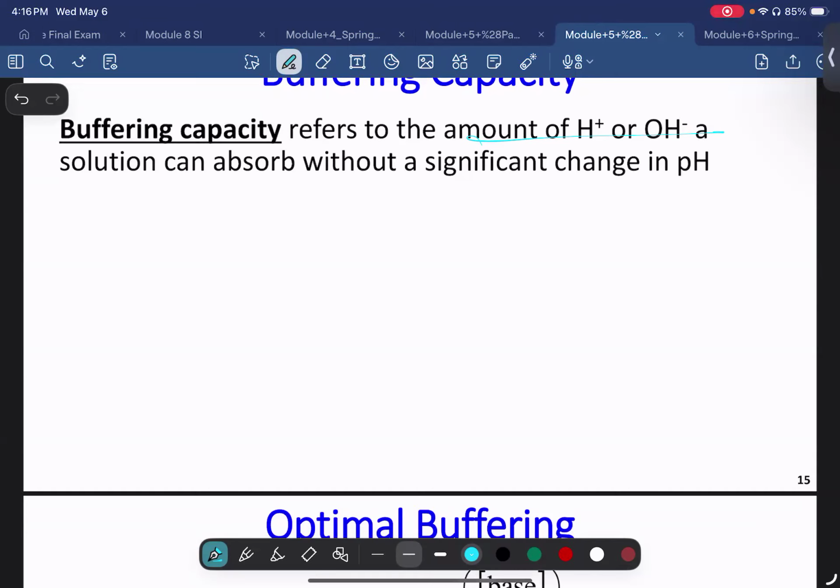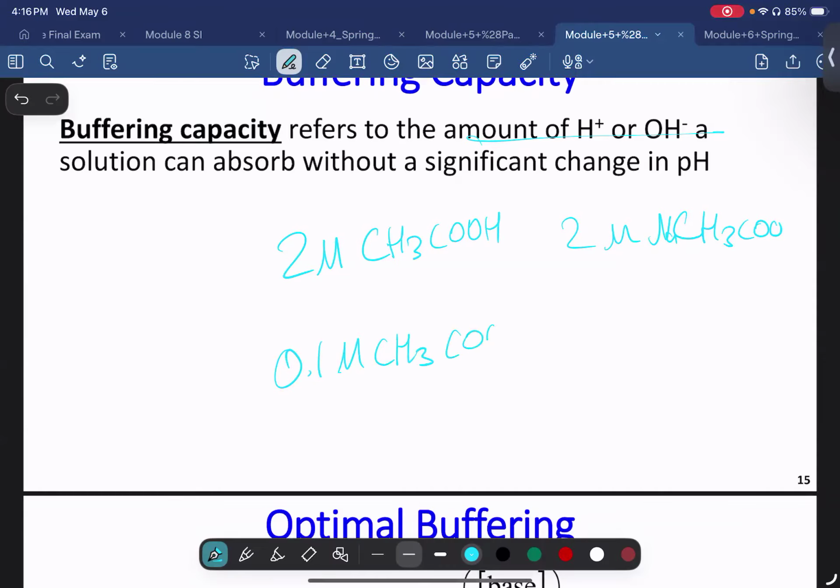So let's say I had 2 molar acetic acid and 2 molar sodium acetate, and I was comparing that with 0.1 molar acetic acid and 0.1 molar sodium acetate. Which one has the higher buffering capacity? Obviously, the one with the greatest concentration. Okay, that's all this kind of question is asking.